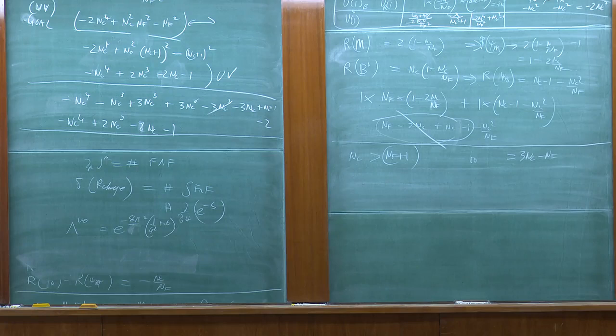But suppose we've got some UV definition, which at some scale becomes the supersymmetric Yang-Mills theory with NF flavors, and NF is greater than 3NC. Then we can ask what the IR behavior is at lower scales. The answer is very clear: the IR behavior is just free.